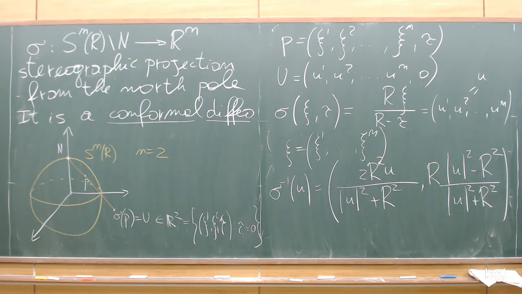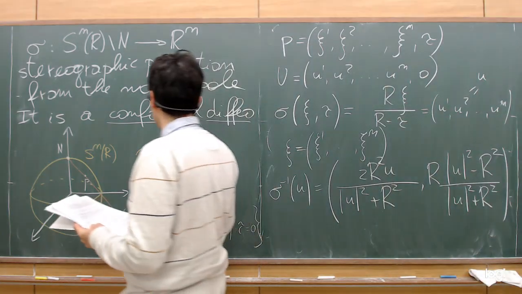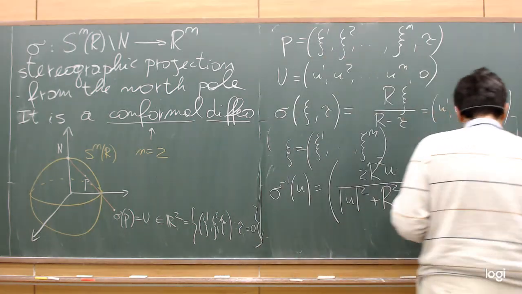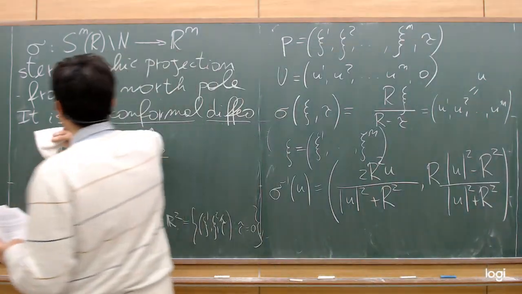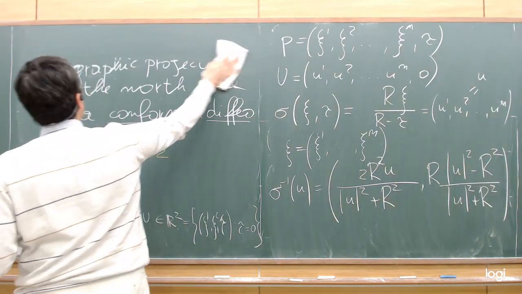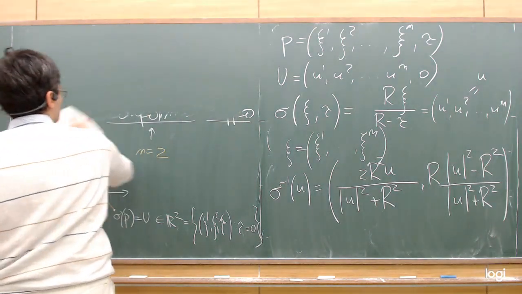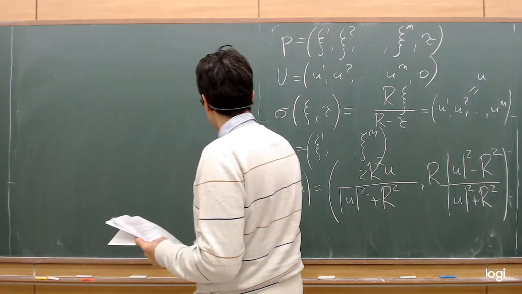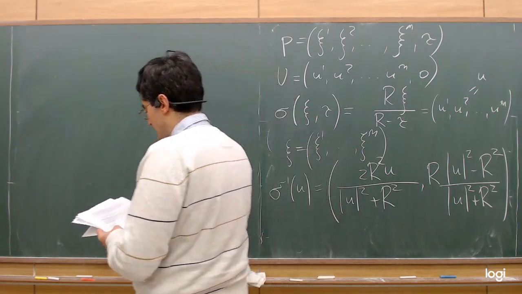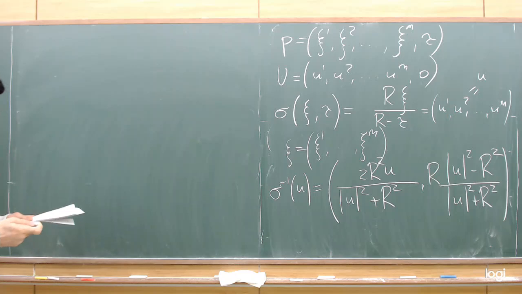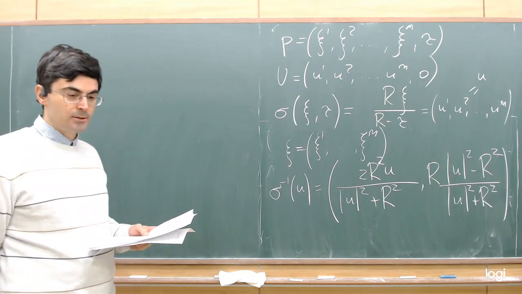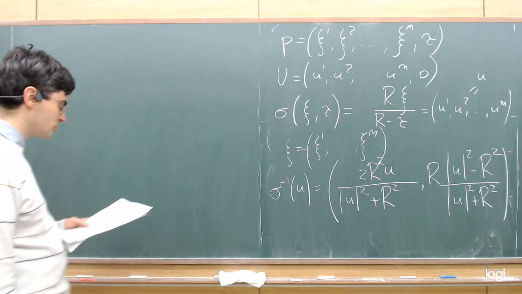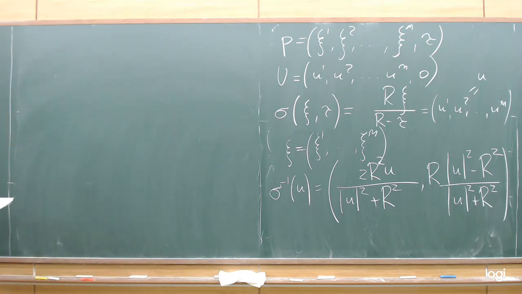Now, how to prove that it is conformal? We will use a technique for computing the pullback of the Euclidean metric we used in the past.